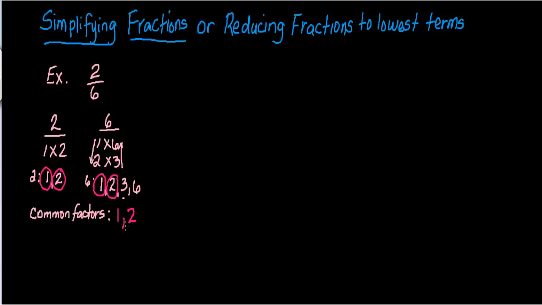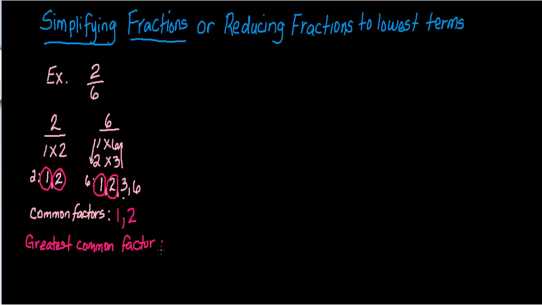Now, out of the common factors that I have on my list, I will choose the greatest common factor. Out of these 2 common factors, which one is the greatest one or the biggest number?